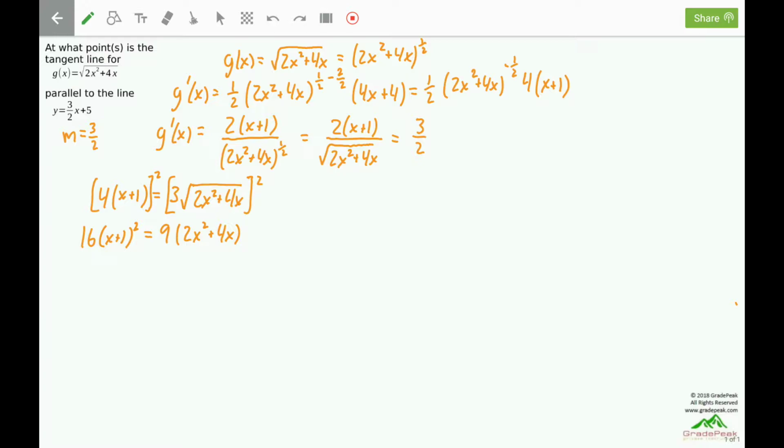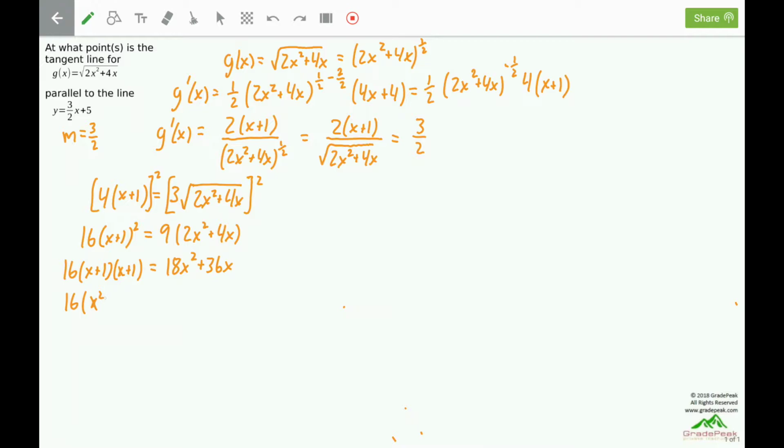That x plus 1 squared, I am going to need to FOIL that out because I have an x squared and x term on the right side, and we have to combine like terms together. So let's write that as x plus 1 times another x plus 1. On this side, I'm going to distribute the 9, and I will have 18x squared plus 36x. Foiling out x plus 1 times x plus 1: first, x squared.